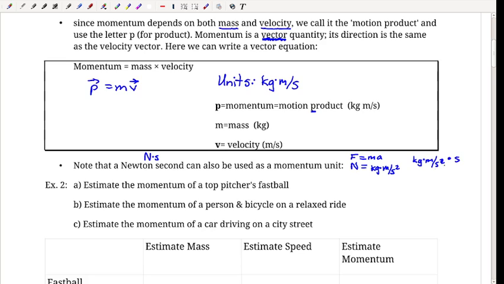Well, this second on top is going to cancel out with one of these seconds on the bottom, get rid of my squared, which leaves me with the units of kilogram meters per second, which is what I found for momentum. So later on, we're going to use this unit of Newton seconds more because we're actually going to also use force times time in calculating momentum. So just kind of a preview of what's coming up. Kilogram meter per second is the same as a Newton second.